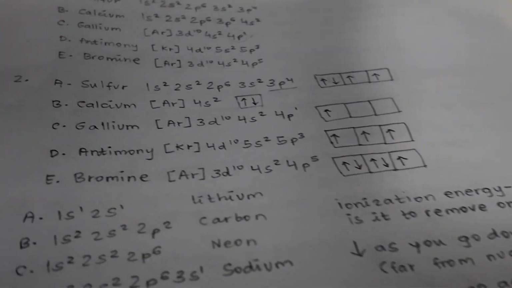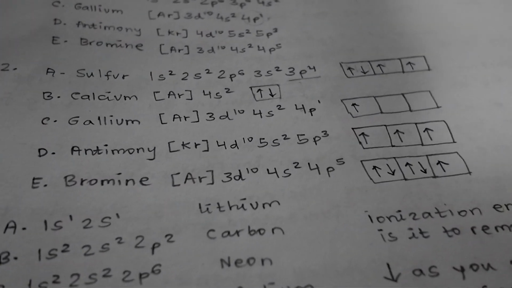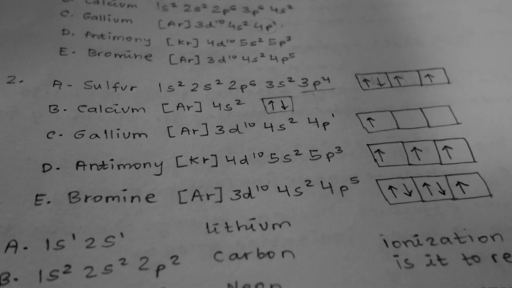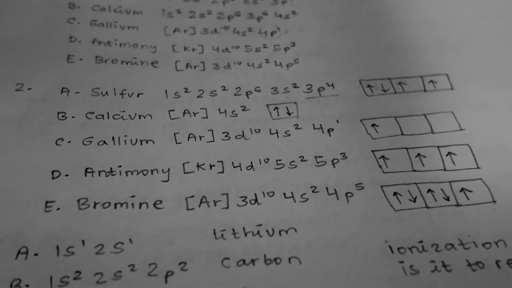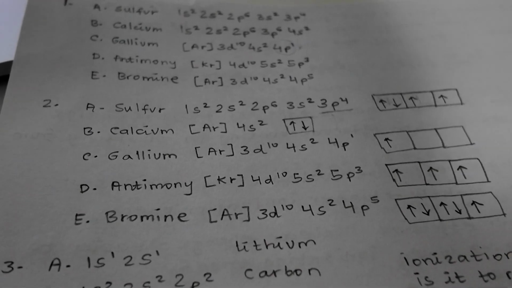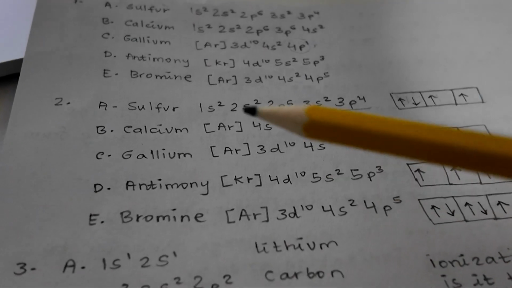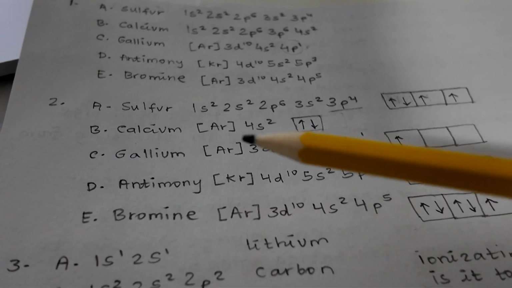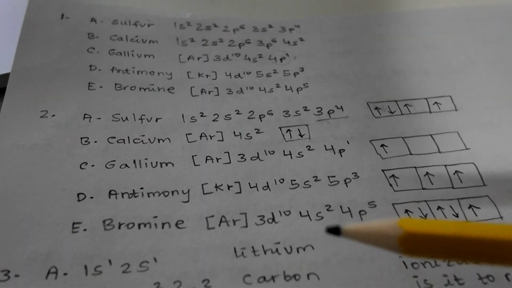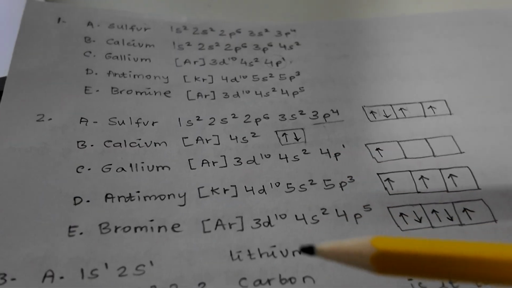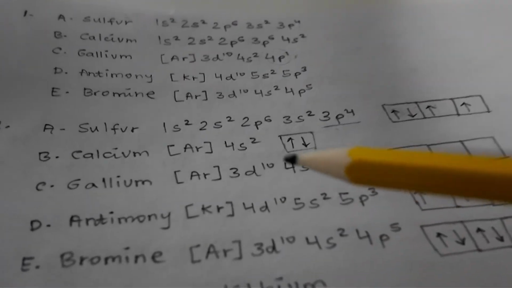And so you can see that here, where I drew all the electron configurations for sulfur, and some of them I even used the abbreviation here. So I used the abbreviation here for argon, krypton, right? And then I wrote them out, and so it's just asking for the unpaired electrons.